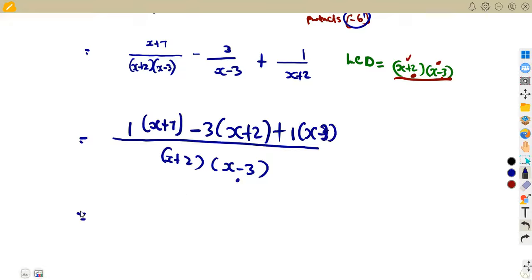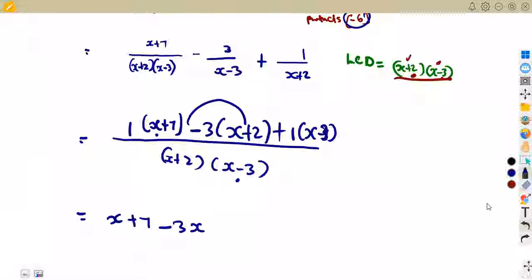So you can expand the brackets this time, collect your like terms, and simplify. That's 1 times x, which is x. 1 times 7, which is plus 7. Negative 3 times x, which is negative 3x.